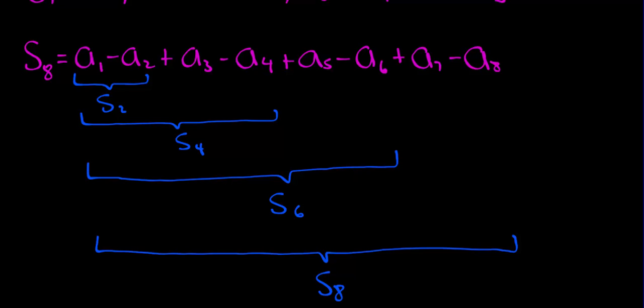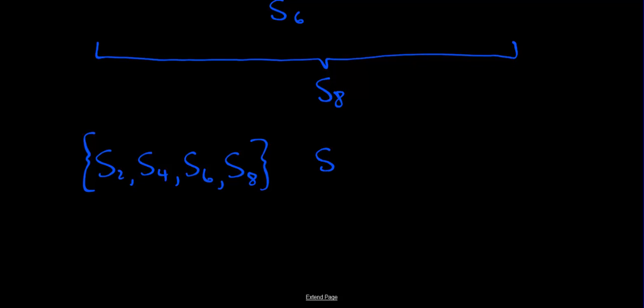What's the difference between S2, S4, S6, and S8? Looking at this sequence of partial sums, each even partial sum is getting bigger than the previous. So S2 is less than or equal to S4, less than or equal to S6, less than or equal to S8.